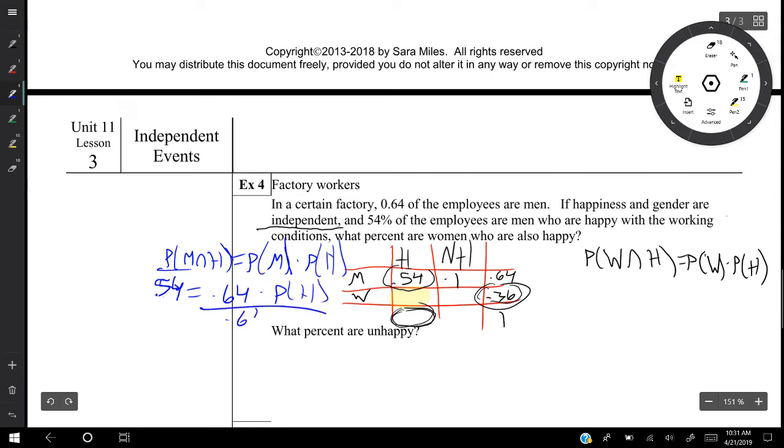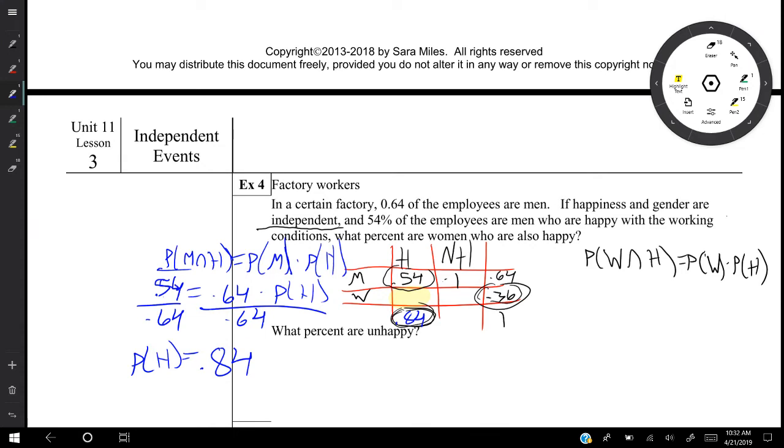Divide 0.64 away, and I get probability of happy. 0.54 divided by 0.64, let's call it 0.84. So 0.84 are happy. Sweet, we now have that number.